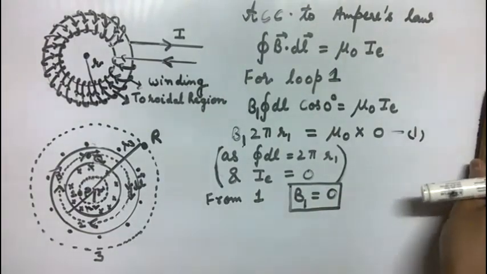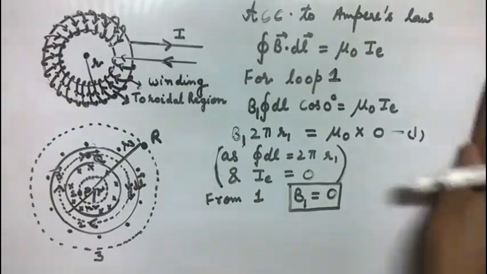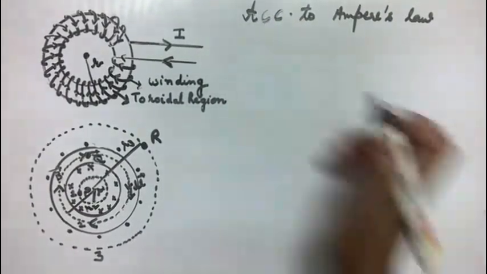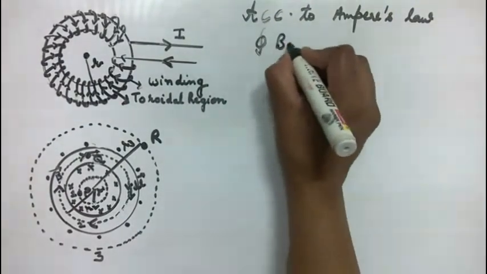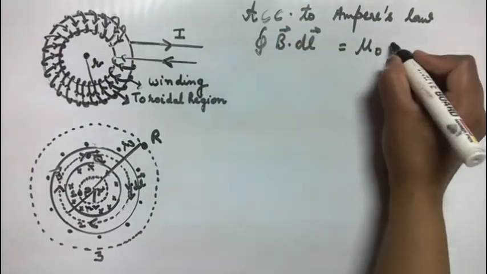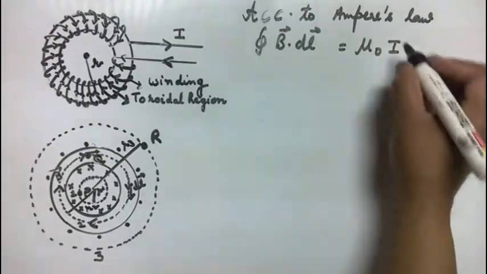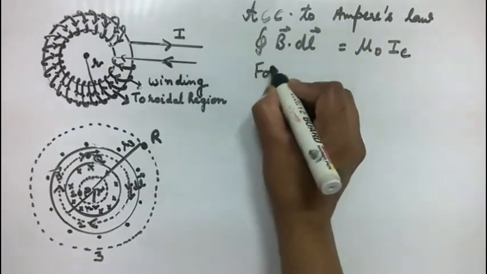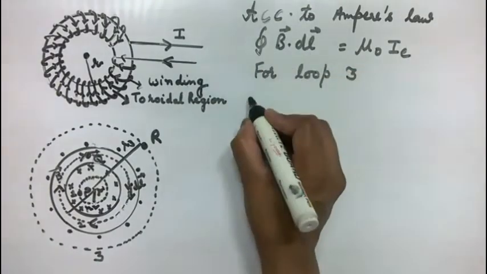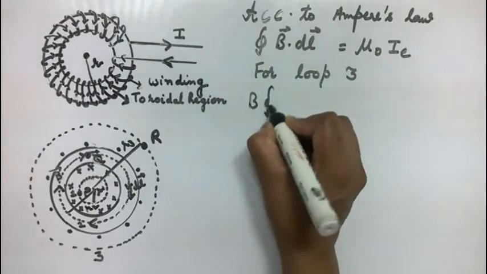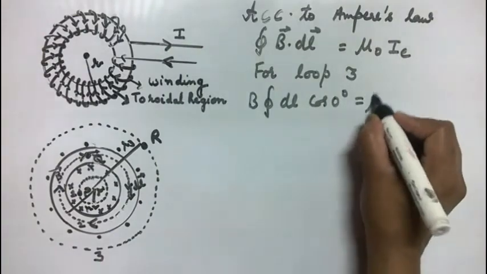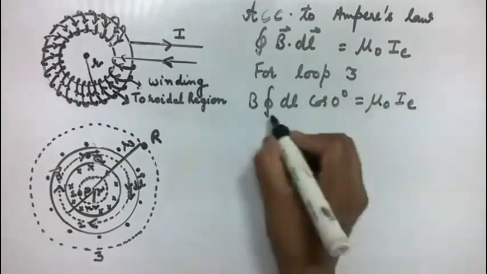Now let's consider loop number 3. In the line integral the magnetic field is constant, B dl cos 0 degree equals mu naught I enclosed.